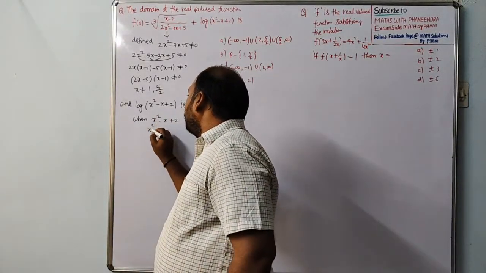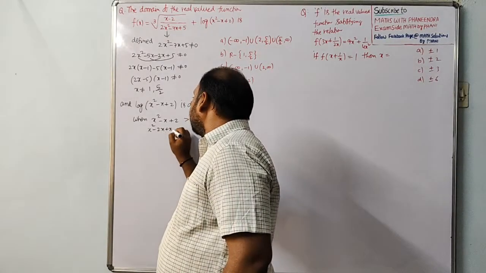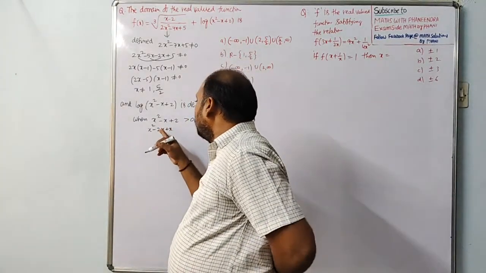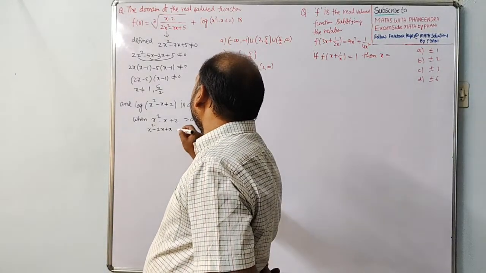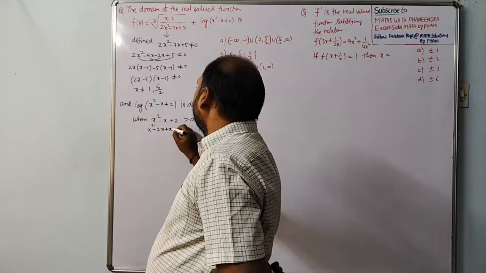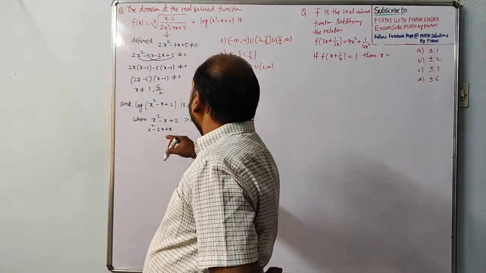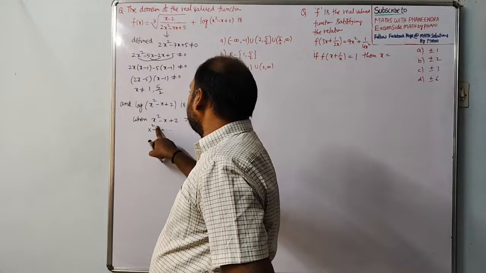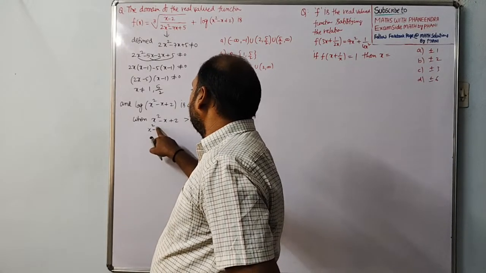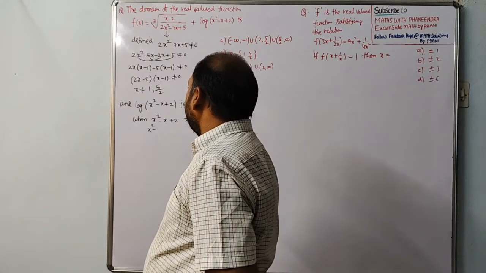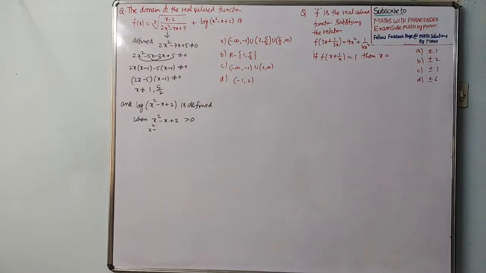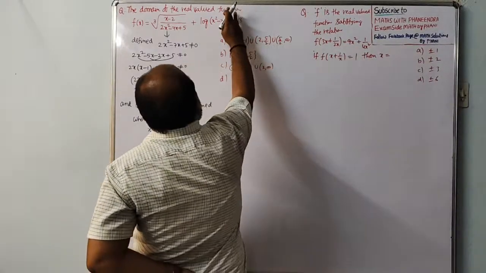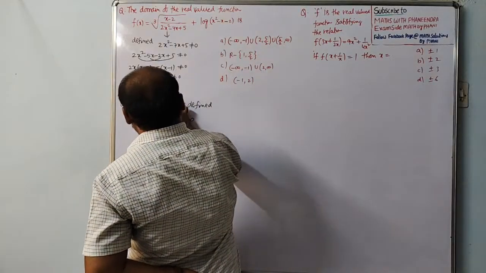So factorization, if you do that, x square minus 2x plus x. Once I want to check that function x square minus x minus 2, dear students. Here it is a minus 2. I'm very sorry. That's why factorization not possible.